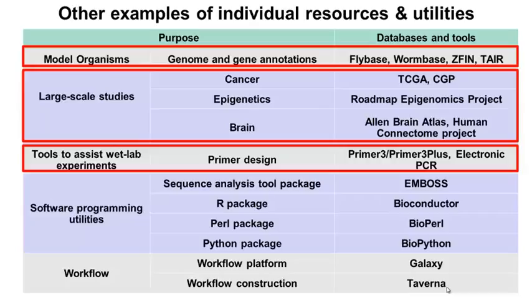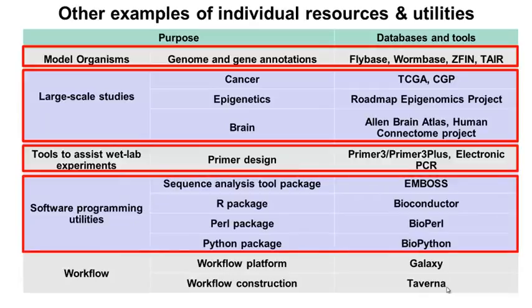Another type of very useful resources are the software programming utilities that contain modules that you can directly download and incorporate into your own software programs. EMBOSS has lots of sequence analysis tools that you can download and use. Bioconductor distributes R programs.